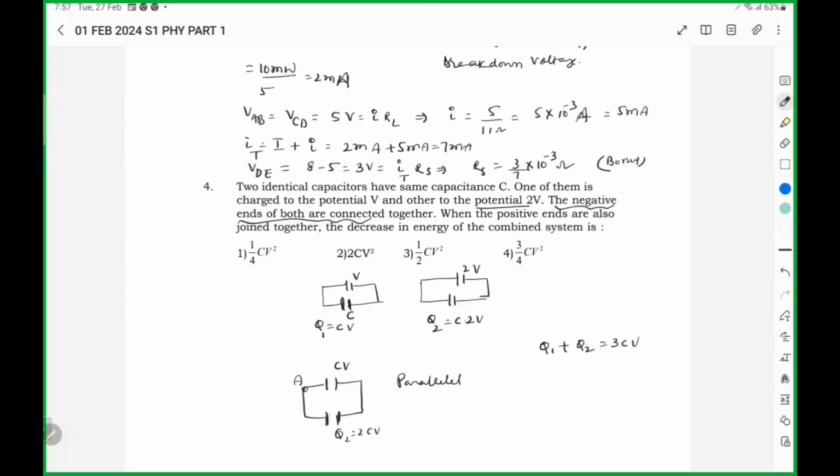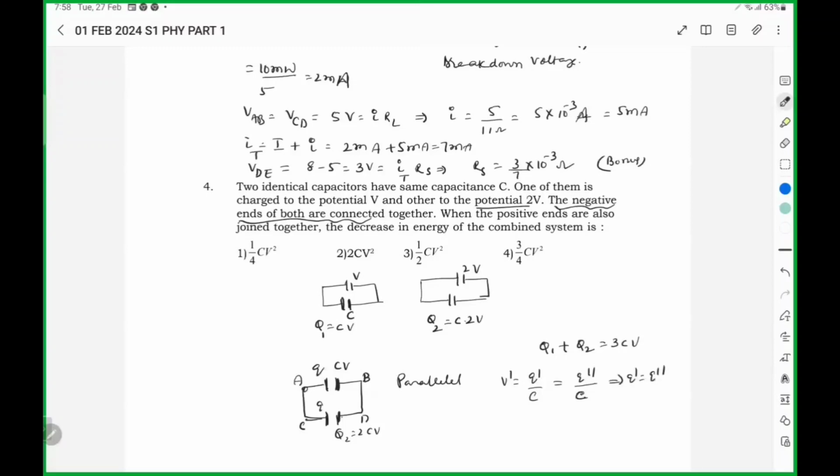Since this one is charged to 2 volts, more charge is there. Once they are connected in parallel, the potential difference across AB must be equal to the potential difference across CD. So V dash equals Q dash by C, where Q dash is the new charge on this capacitor, and Q double dash on the other, which is also C. Since the potential difference is the same, Q dash will be Q double dash.